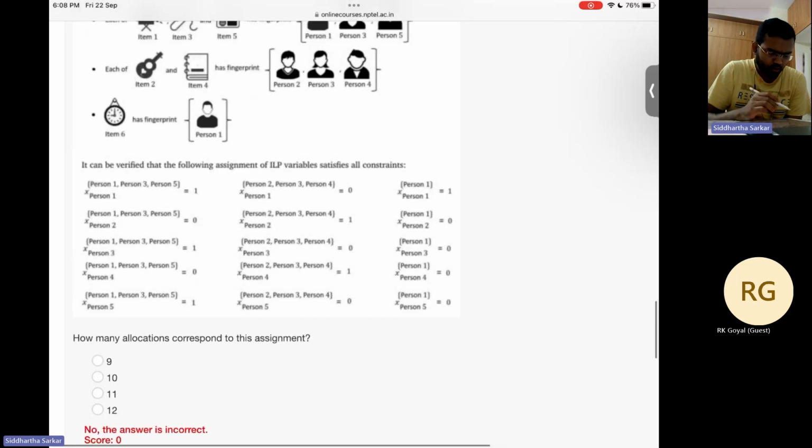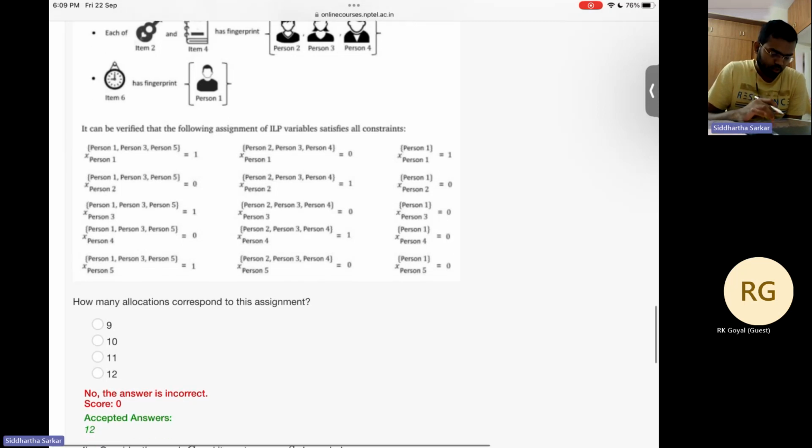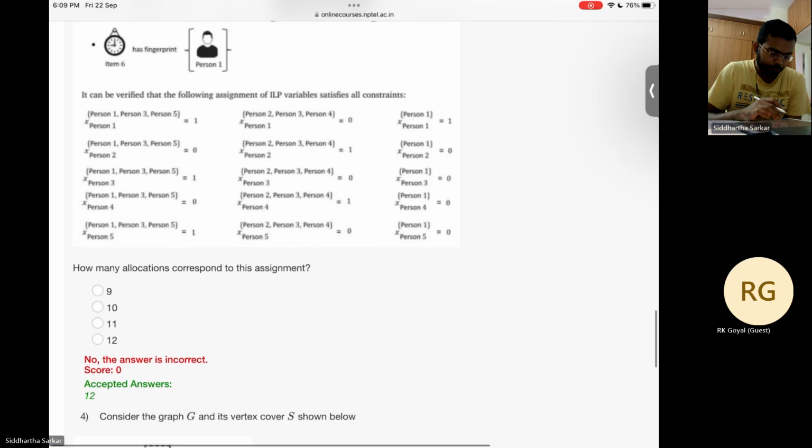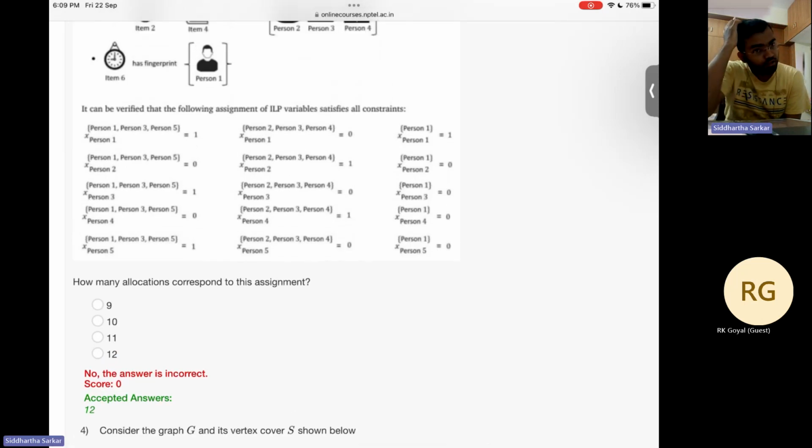And the question was, in how many ways could this ILP solution be realized? That means how many different ways to allocate items correspond to this ILP solution. The answer is given to be 12, and there is no explanation of why the answer is 12. So I'll give you the explanation.